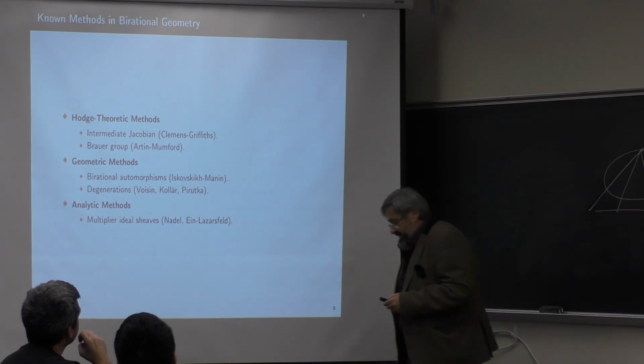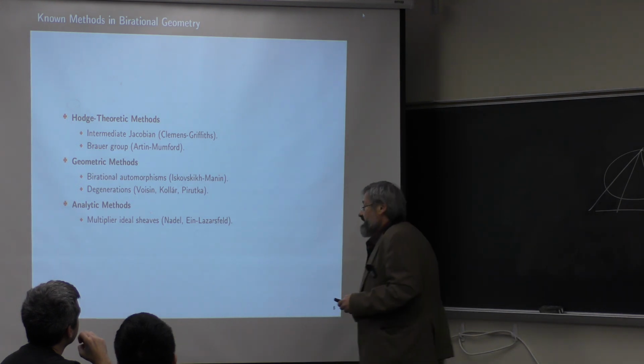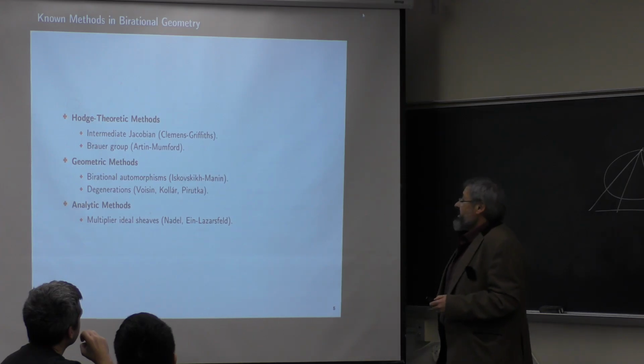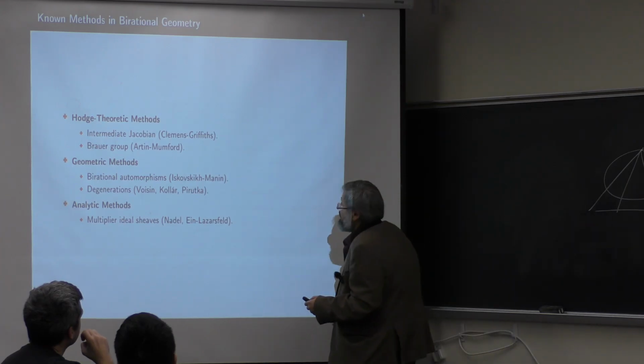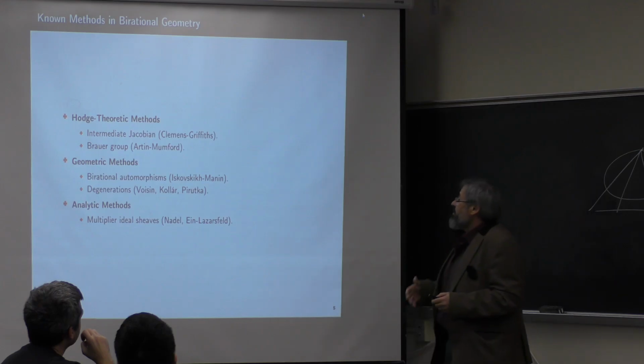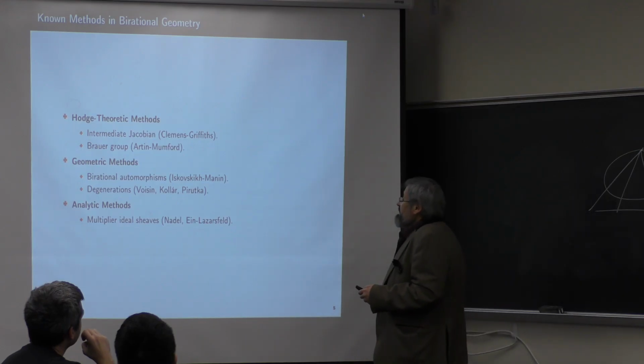There was an approach using the study of the group of birational automorphisms by Iskovskikh and Manin. The degeneration method, with the Chow group of zero-cycles, was a technique introduced by Bogomolov, and later developed by Bloch, Colliot-Thélène, and many other people. I'm sorry, I'm omitting a lot of names here.